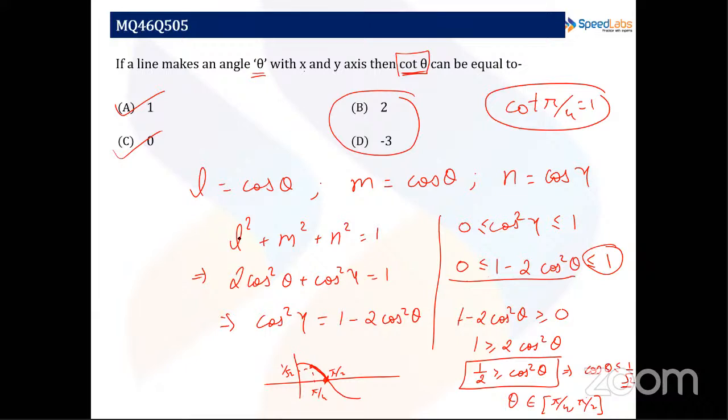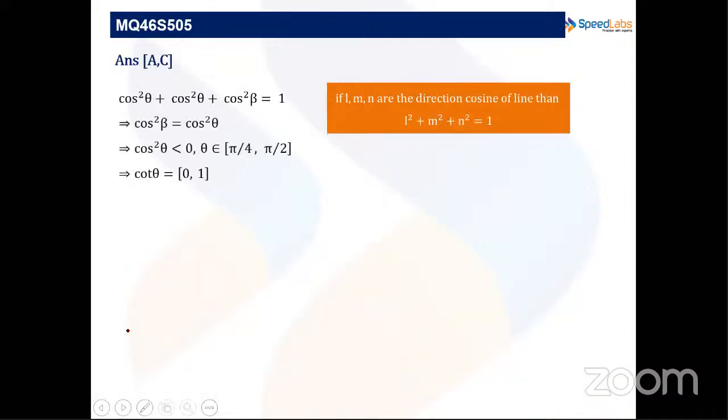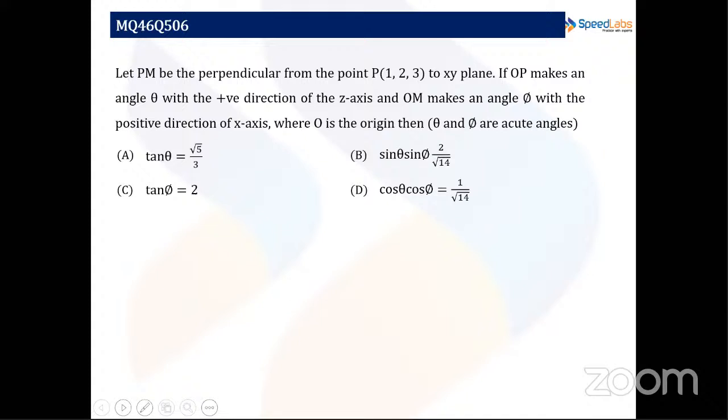Now, moving to the next question. Our question is: let PM be the perpendicular from the point P to the XY plane, and OP makes an angle theta with the positive direction of Z axis, and OM makes an angle phi with the positive direction of X axis, where O is the origin.